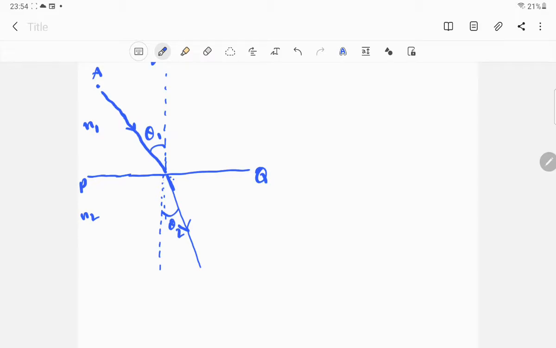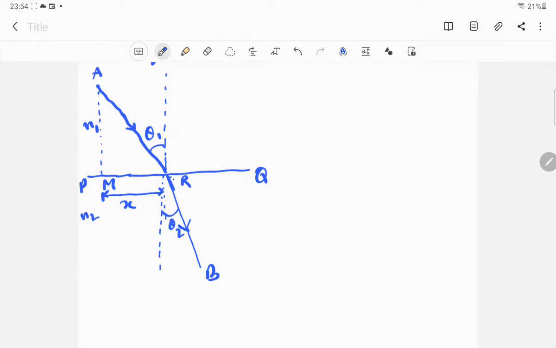Now let me introduce this point as B, and this point as R. Now I will drop a perpendicular from A on the surface PQ, and this point I will name as M, and this distance is basically called small x.